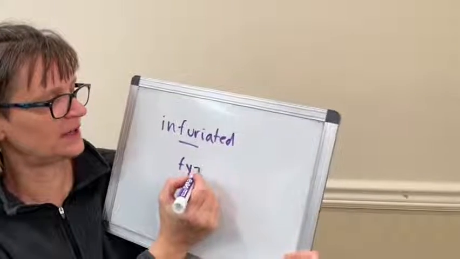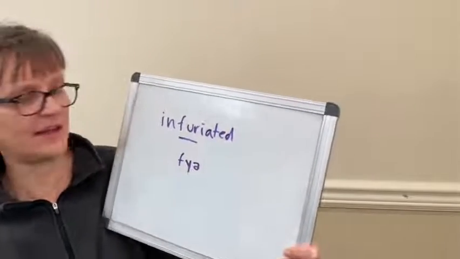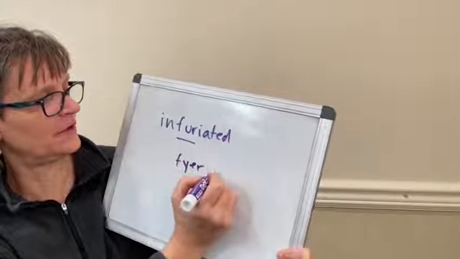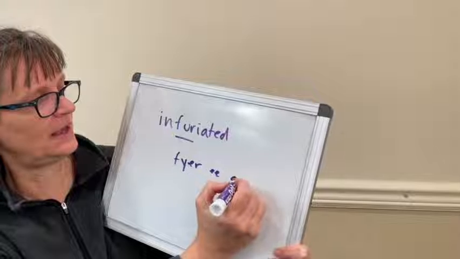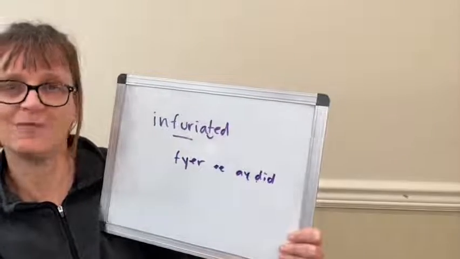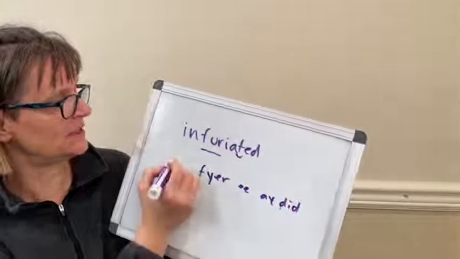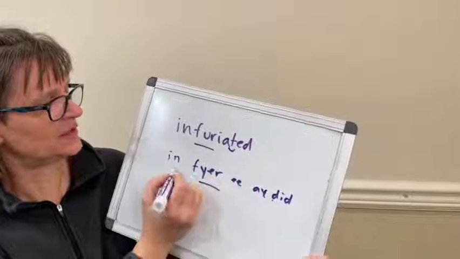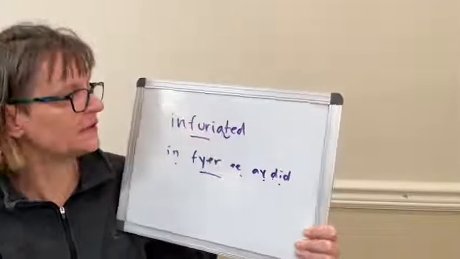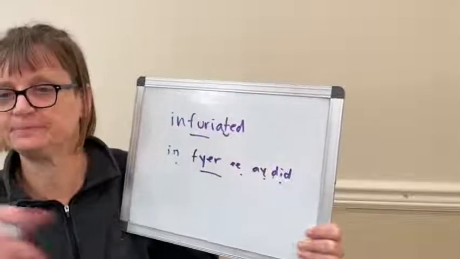I tend to pronounce it with more of just the uh sound, like you're infuriated. The T, we use a flap for that T, so it sounds like the word did. And first syllable stress, infuriated. I was infuriated when she didn't show up.